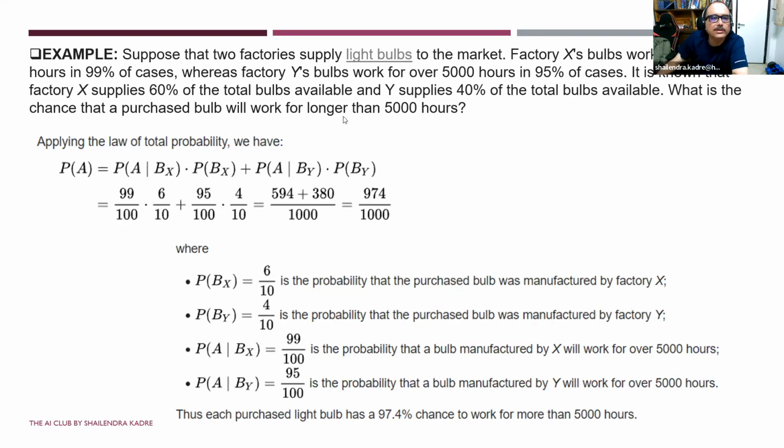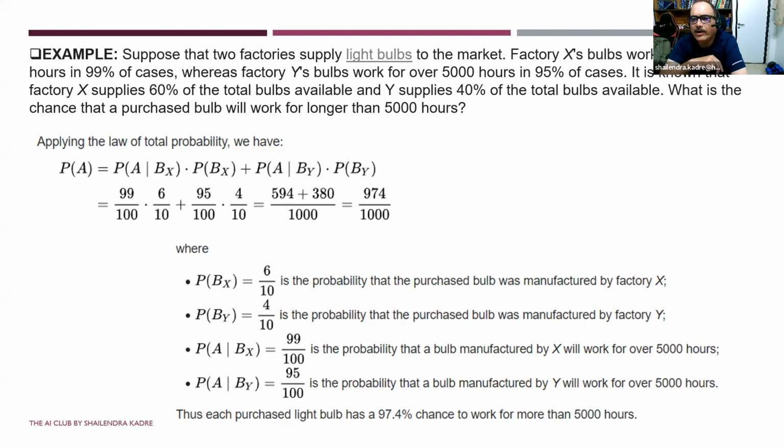Now there is one numerical example. Suppose two factories supply light bulbs. Only two factories are supplying light bulbs to the market. The condition is that the bulb should work more than 5,000 hours. There is a 99% probability that factory X bulb will work more than 5,000 hours, and only 95% probability that factory Y bulb will work more than 5,000 hours, meaning factory Y bulbs are less reliable.